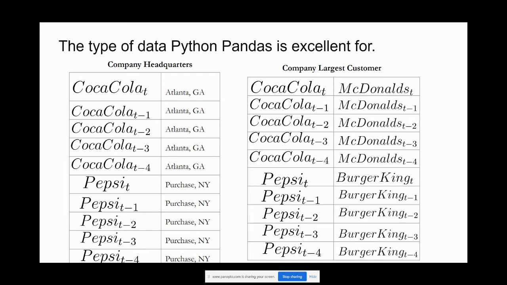We could have who their largest vendors are. We could have what states and cities all their stores are in, et cetera. So you can imagine we could have 10, 20 tables on McDonald's and on Coca-Cola, and using Python pandas, you can manipulate all these different tables to bring them all into one spreadsheet or into a couple, and then it allows you to do the data manipulation.